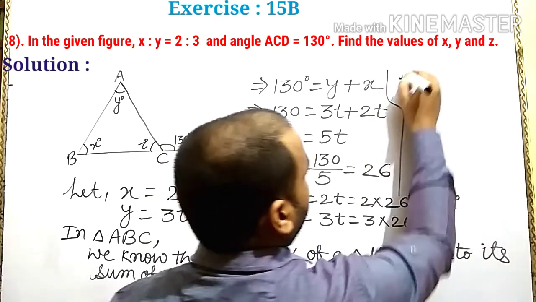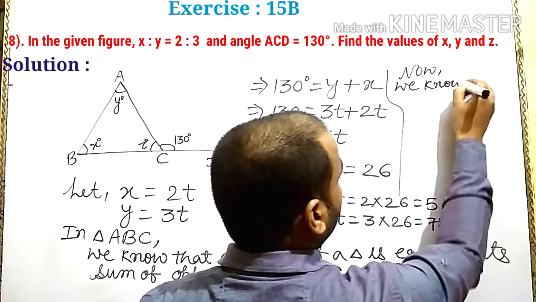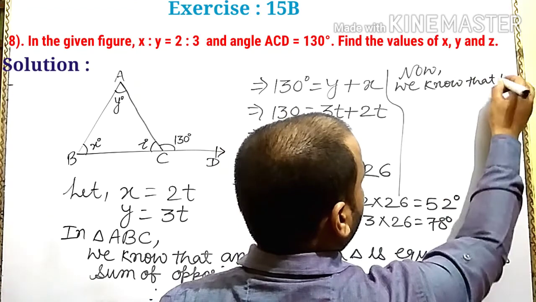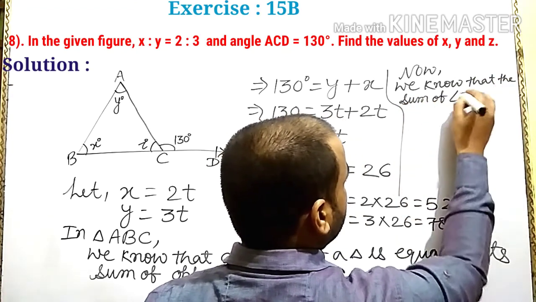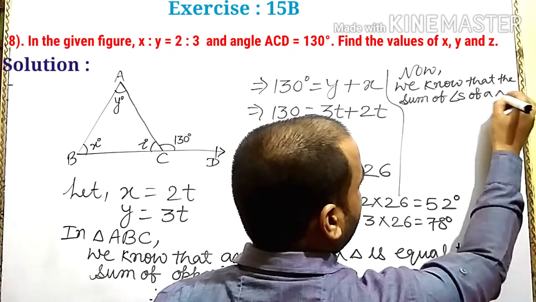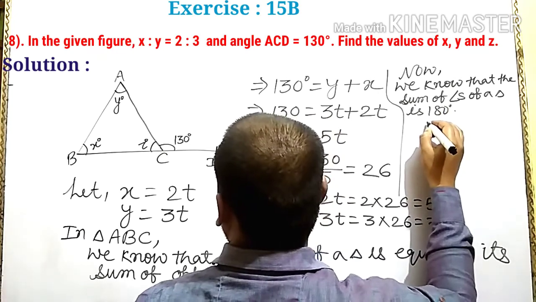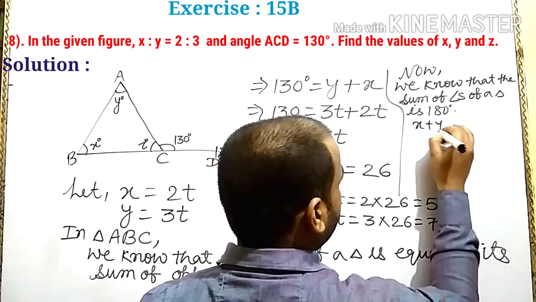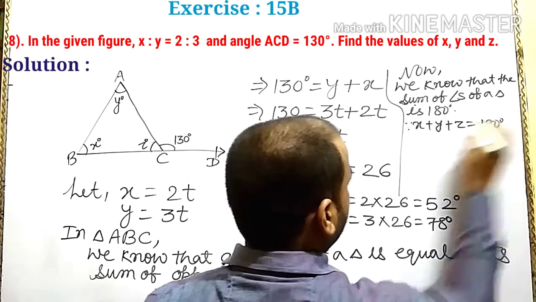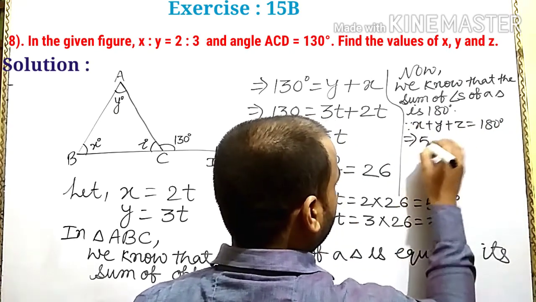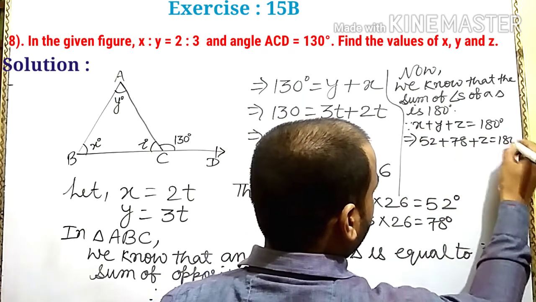Now we know that the sum of the angles of a triangle is 180 degree, means x plus y plus z is equal to 180 degree. Here x is equal to 52 plus 78 plus z is equal to 180 degree.